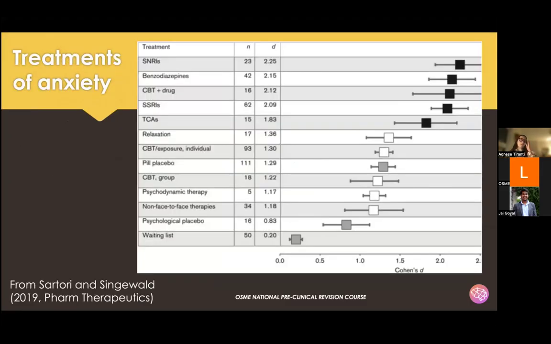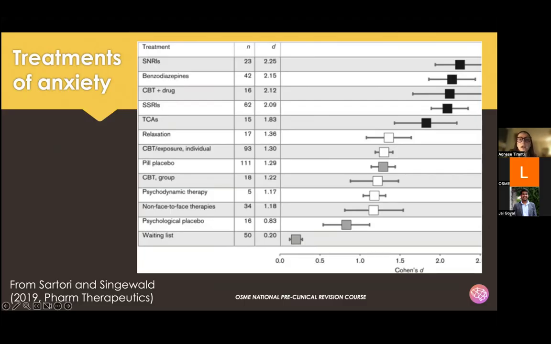So treatments. This is another review similar to the one that we went through for depression. It's interesting that in anxiety, they put a lot more value into non-pharmacological treatments. As you can see here, SNRIs, which we've already gone through, selective noradrenaline and serotonin reuptake inhibitors, were found to be of high efficacy.